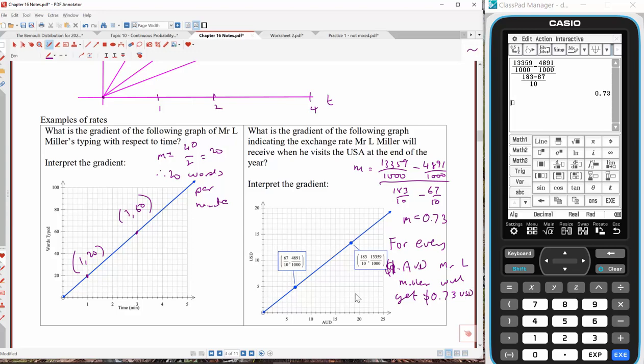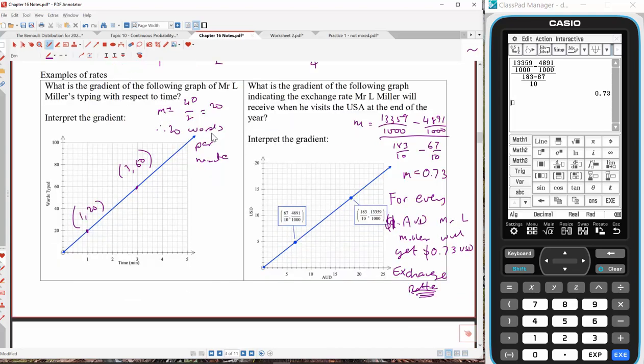So $1 Australian equals 0.73, and that is the exchange rate. And notice what it's called. It's a rate, exchange rate.